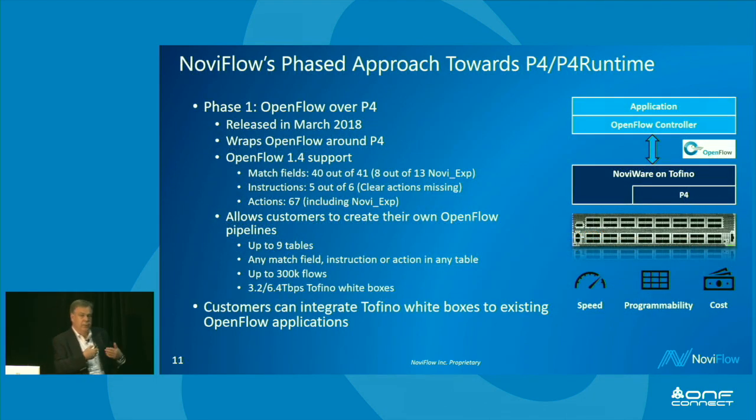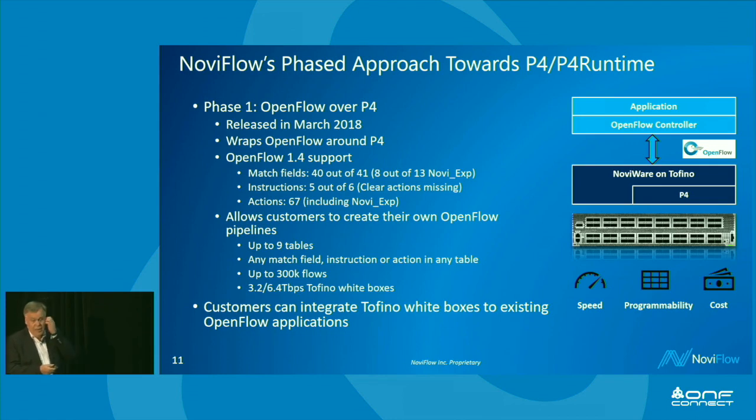So how did we, Noviflow, go from OpenFlow? We had been in OpenFlow for 5 years, built a really nice OpenFlow forwarding engine. How did we start working with P4?